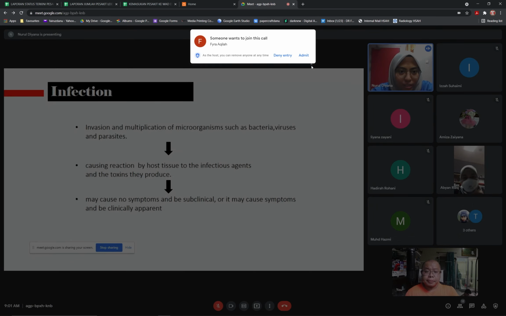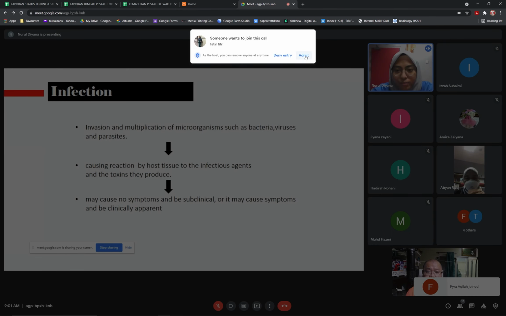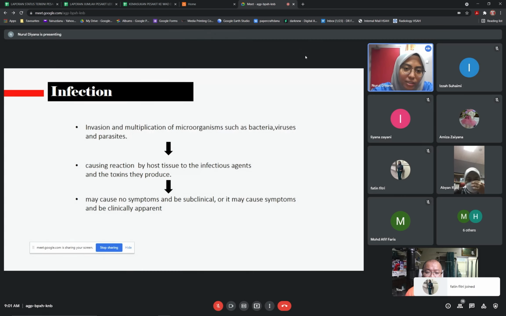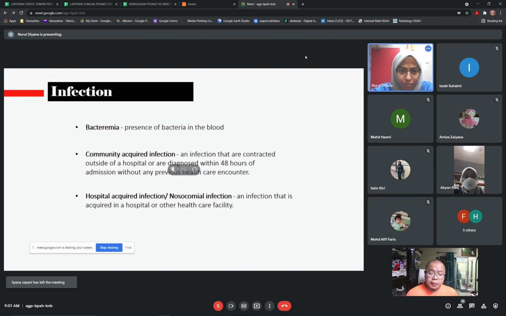As introduction, infection is invasion and multiplication of microorganisms such as bacteria, viruses and parasites. It causes reaction by host tissue to the infectious agents and the toxin they produce. It may cause no symptoms and be subclinical, or it may cause symptoms and be clinically apparent.